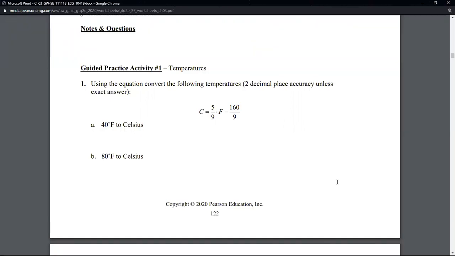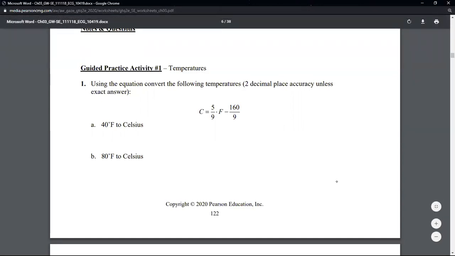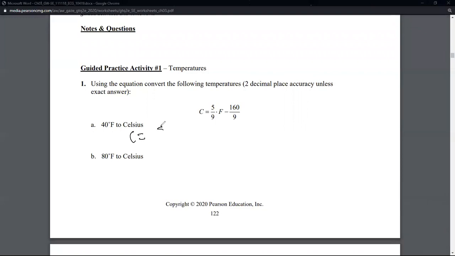But anyways, we're just going to take the 40 degrees Fahrenheit and plug it into the F here. So C equals 5/9 times 40 minus 160/9. And then you can just do your math. The 5 divided by 9 times the 40 is going to be 22.222, etc., minus 160 divided by 9 is going to be 17.77.